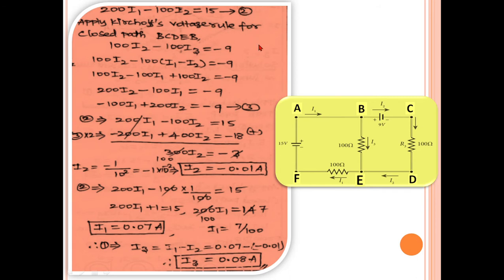Now applying Kirchhoff's voltage rule to the closed path B, C, D, E, B. There are two currents, I2 and I3.